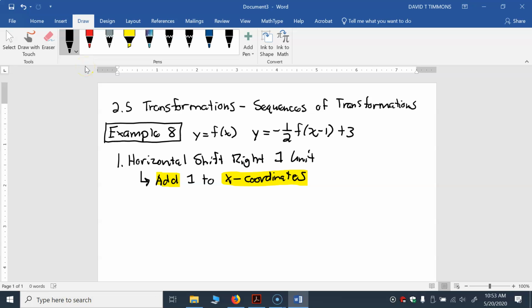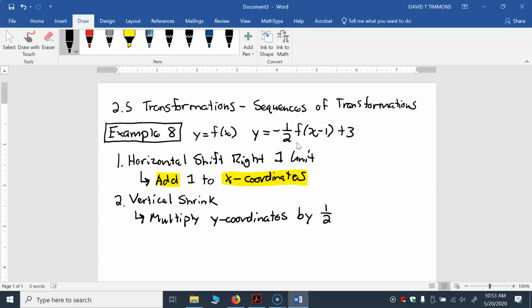And then our second transformation is, if you take a look, we have a -1/2 out front. The 1/2 is the vertical shrink. So we'll have a vertical shrink, and what we will do is multiply the y coordinates by 1/2.